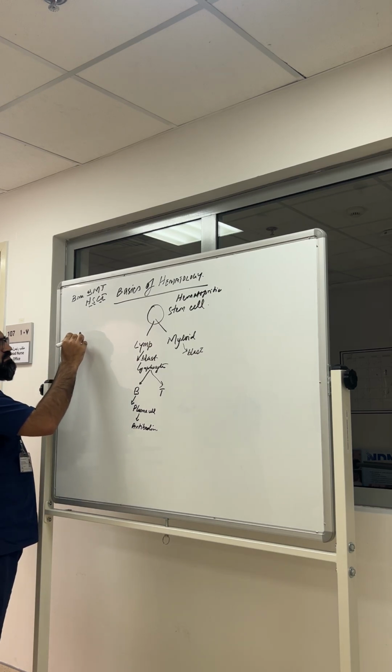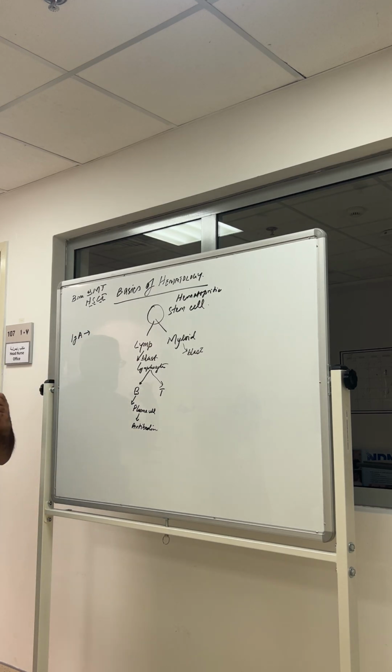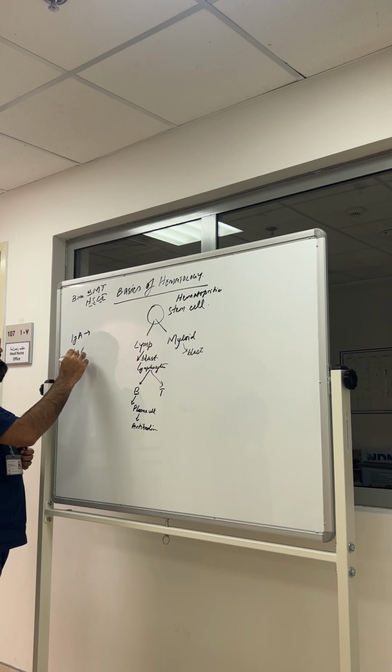So IgA is mostly associated with your ciliated membranes, like your trachea, your lungs, your urinary tract. They all have cilia. So this protects you; someone who is deficient in IgA will have recurrent chest infections, recurrent UTIs. Similarly, IgG. What is the importance of IgG?